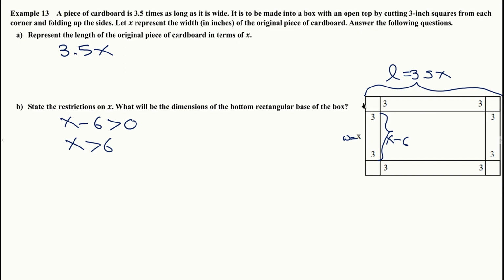And I know from here to here, the entire length of the original cardboard is 3.5x, and I'm going to take away 2 3s from that as well. So the length of that inner rectangle, which is going to become the base, is going to be 3.5x minus 6, right?